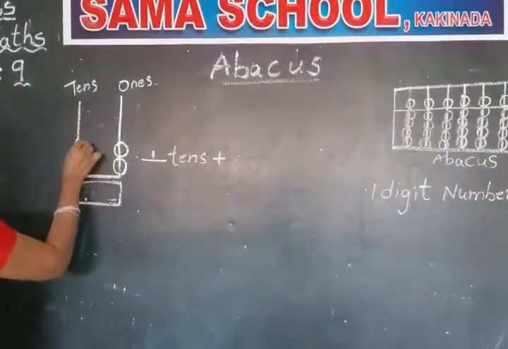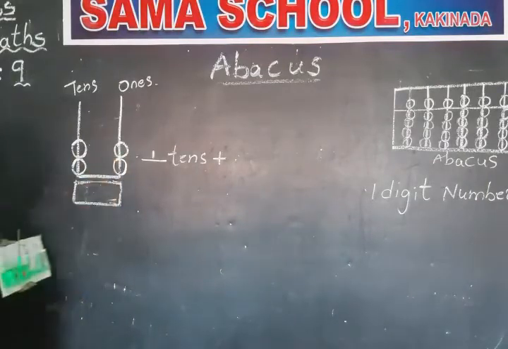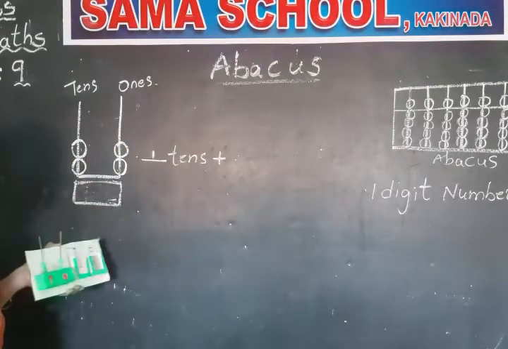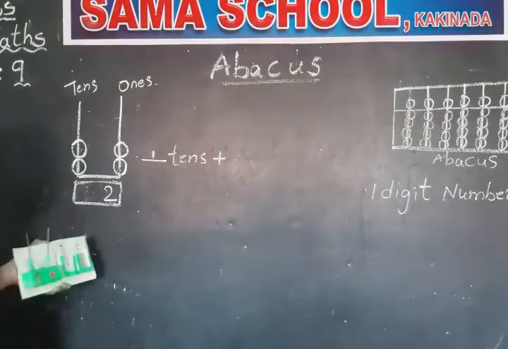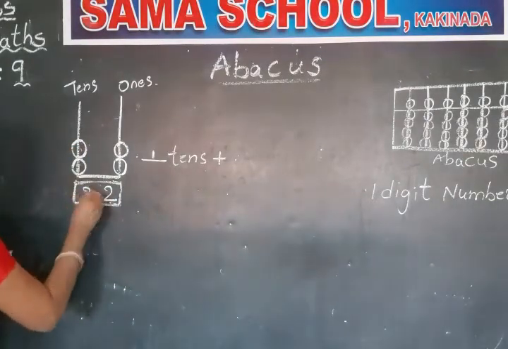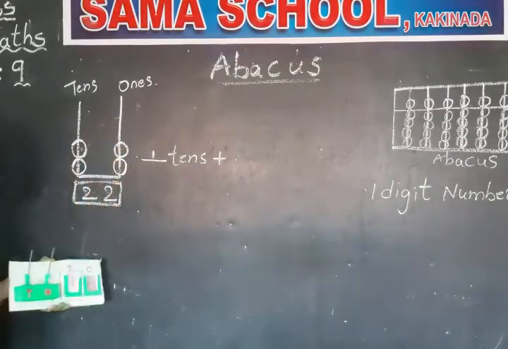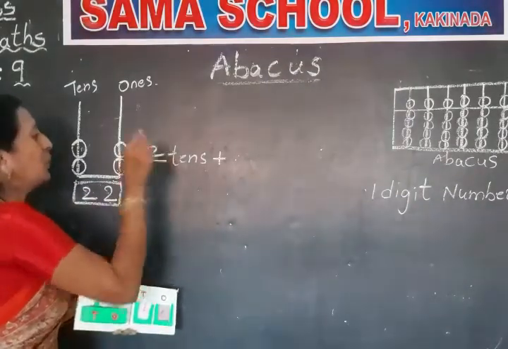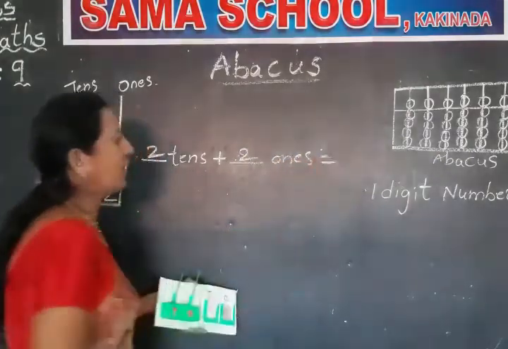Now I draw another bead. Now here in tens place 2 beads and the ones place 2 beads. So in ones place you write 2. In tens place how many beads? Here also 2. So here 2 tens and here 2 ones. So what is the number? 22. And here 2 tens plus 2 ones. So what is the number?